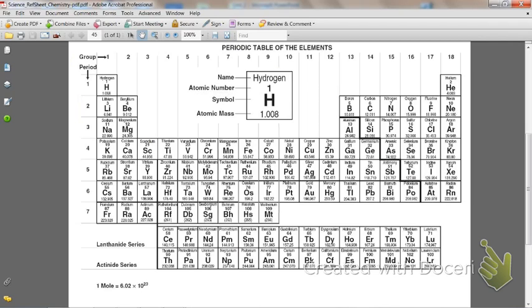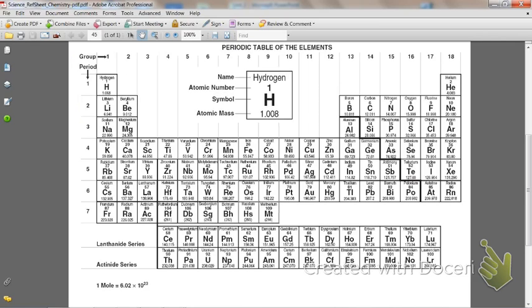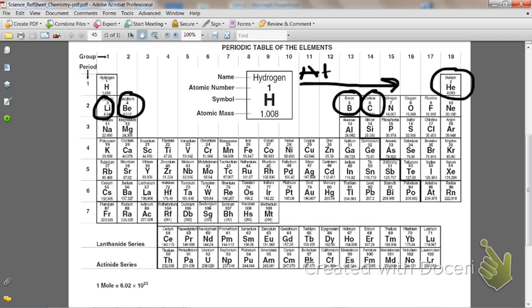Whereas you'll see that helium has an atomic number of 2 there, and then lithium has an atomic number of 3, beryllium 4, 5, and 6. So going from left to right across the periodic table is organized by atomic number.